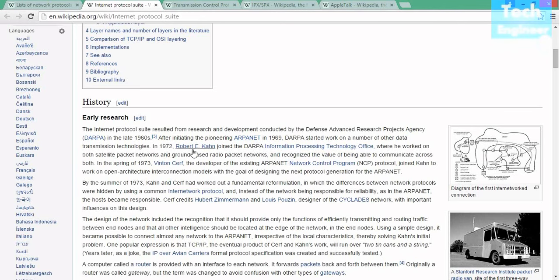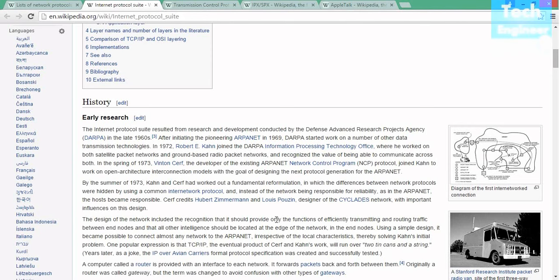In 1972, Robert E. Kahn joined the DARPA Information Processing Technology Office, where he worked on both satellite packet networks and ground-based radio packet networks, and recognized the value of being able to communicate across both.